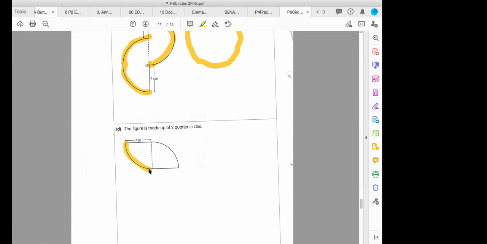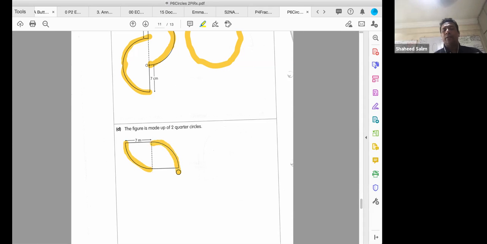Yeah, so you find the circumference and you divide by 2. Why divide by 2? Because this is actually half a circle. If I push it this way, you can see it's half a circle. So you find the circumference is 44, you divide by 2 is 22. 22 is this part plus this part.